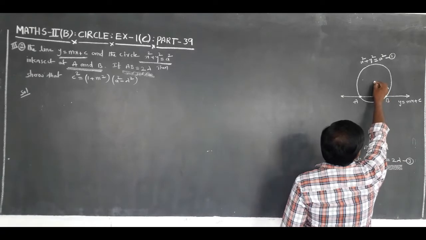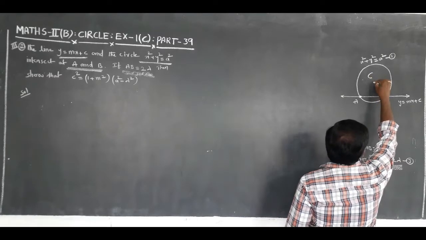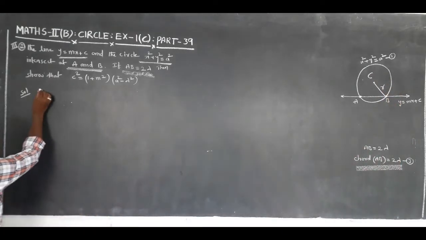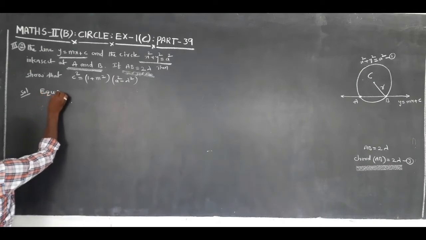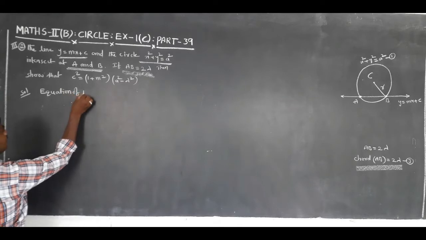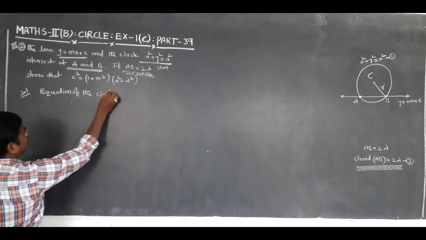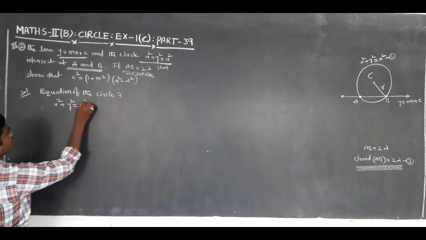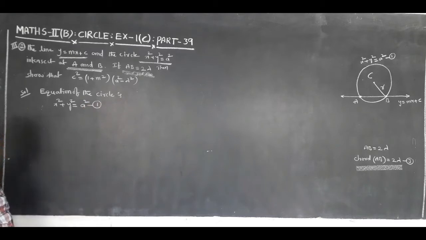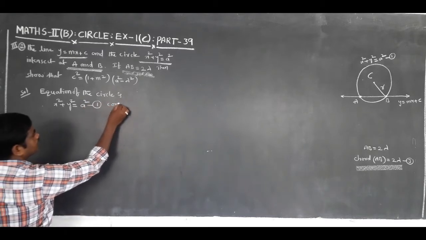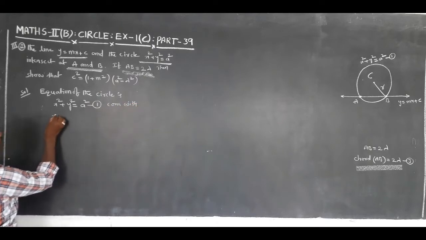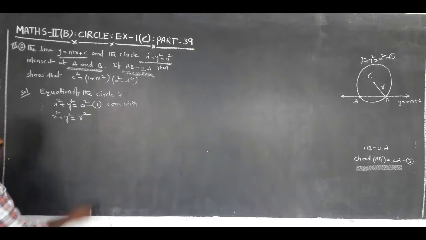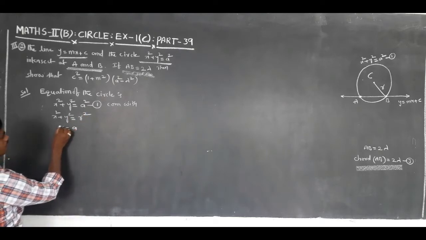Here this is the center of the circle. This is the radius of the circle. Equation of the circle is x square plus y square is equal to a square. Comparing with x square plus y square is equal to r square, here r is equal to a.